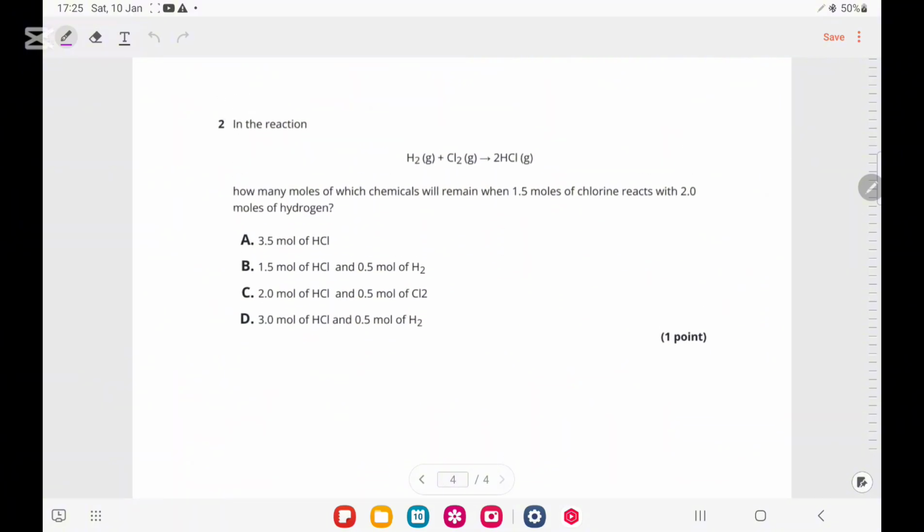And then for the next question, they are saying how many moles of which chemicals will remain when 1.5 moles of chlorine reacts with 2 moles of hydrogen. So first of all, they have the ratio 1:1. So if 1.5 moles of chlorine are reacting with hydrogen, that means first of all it is the limiting reactant.